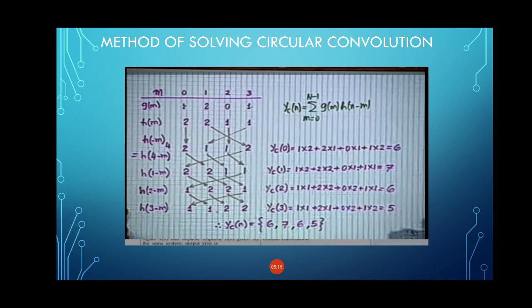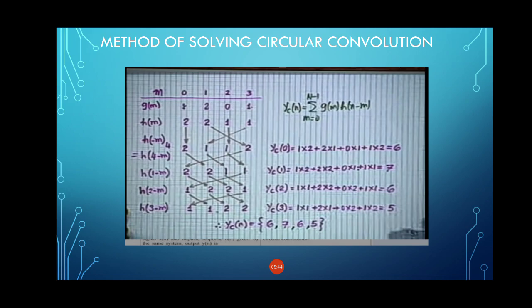Let us take an example to show how we solve circular convolution with the help of the graphical method. We have to first keep in mind the formula for circular convolution, which is written here. There has to be a suffix N here, which is missing. Now m goes from 0, 1, 2, 3 because the length of the signals that we have taken is 4.